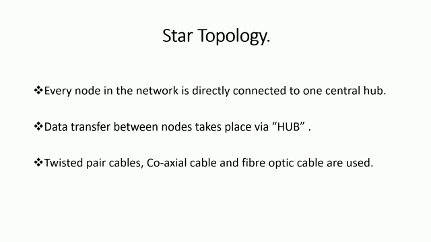If one device wants to send data to some other device, it has to send data to the hub, which then relays the data to the connected device. That is, the entire dependency of data transmission is on the hub. The nodes are connected to the hub either via twisted wire cable, coaxial cable, or fiber optics cable.